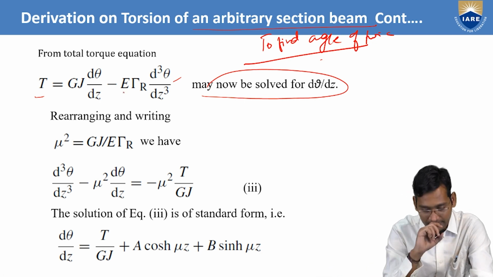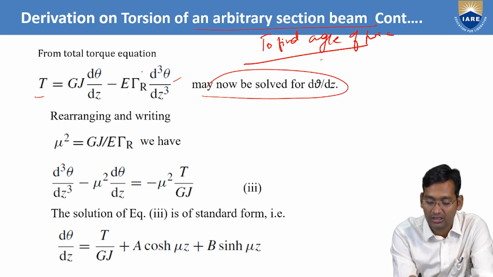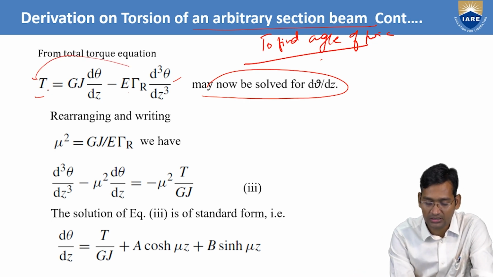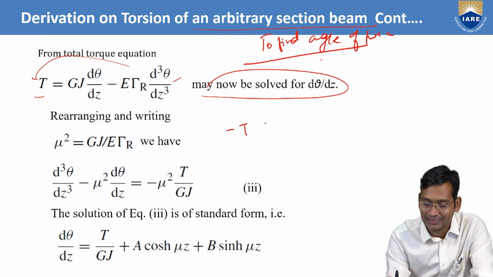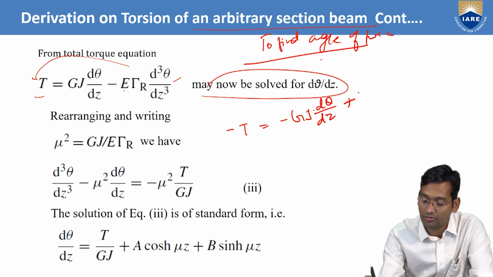But here the coefficient is this one, so let me first write it in a simplified way. I am taking this all to this side, with a minus sign. So this will be minus T equals minus GJ into d theta by dz plus E tau r into d cube theta by dz cube.